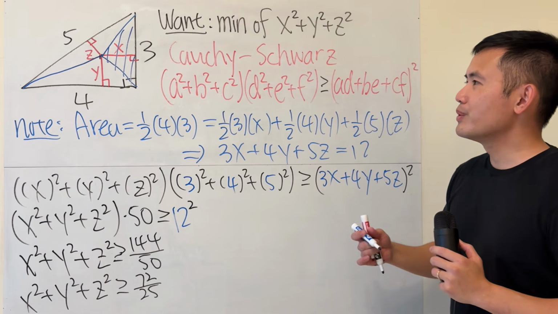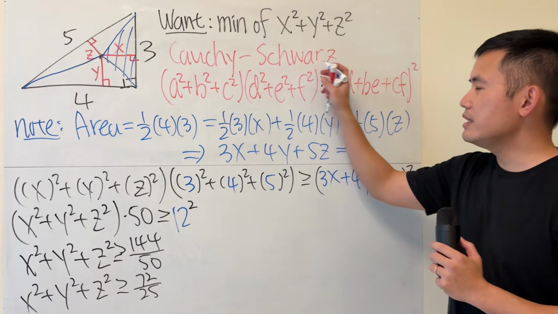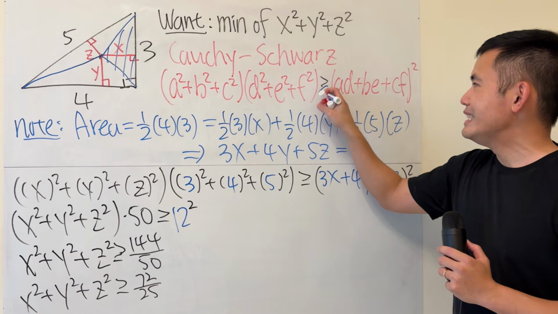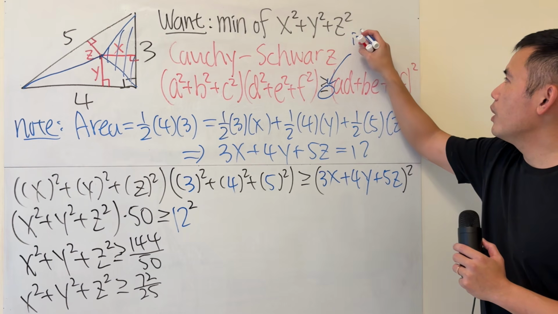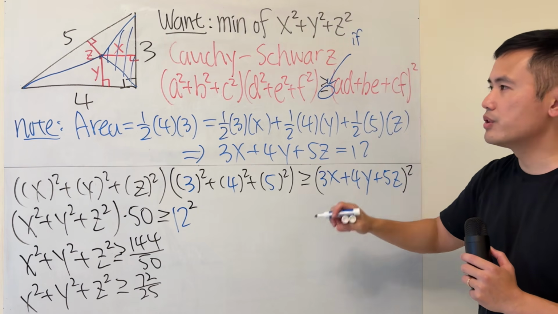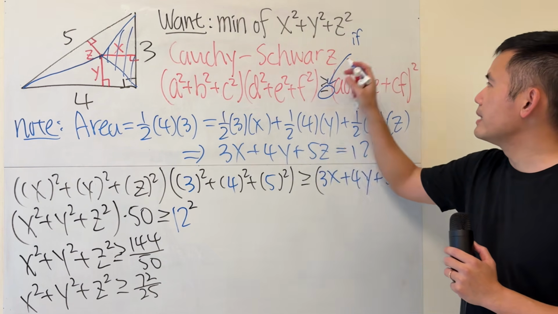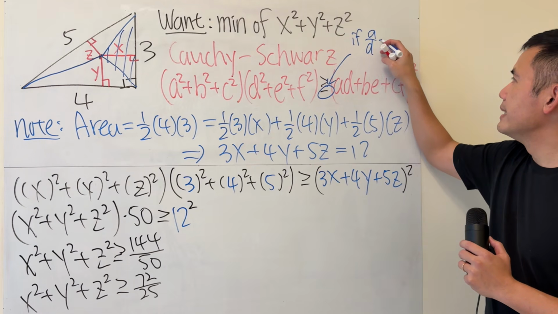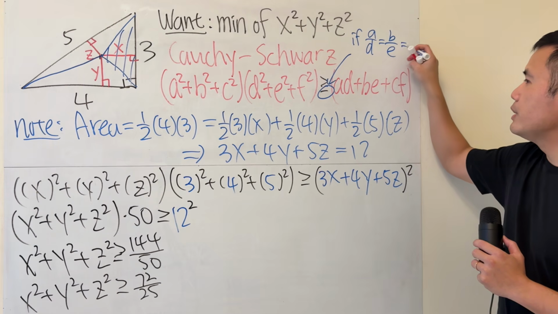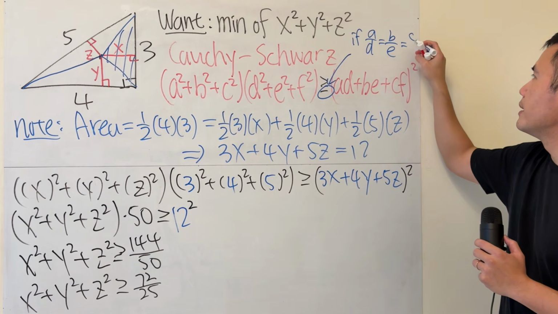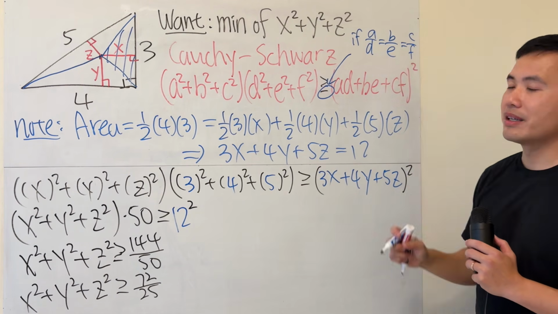Right here, I will tell you guys that for Cauchy's inequality, with this equality here, this only works if the condition A divided by D is equal to B divided by E is equal to C divided by F for the equality.